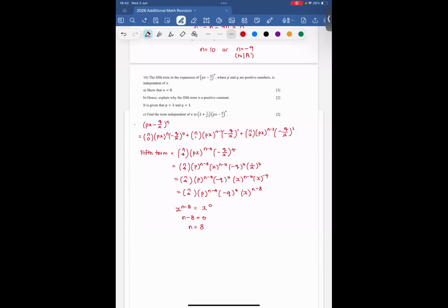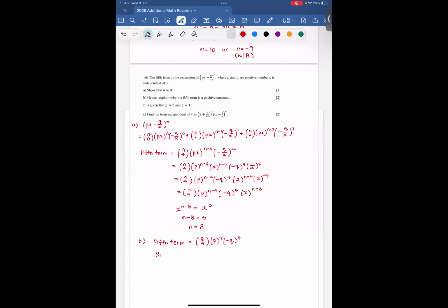16B, explain why the fifth term is a positive constant. So the fifth term will be, we just put the power n inside. We put n is 8 inside. We get 8C4, we get p power 4, we get negative q power 4.